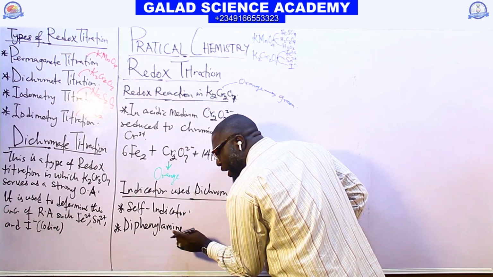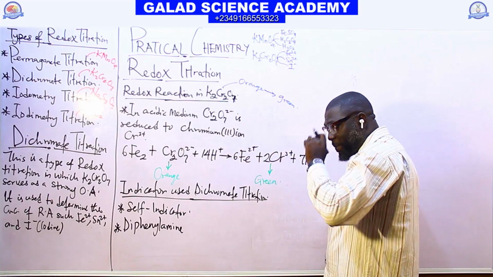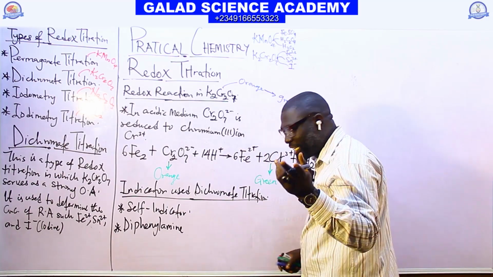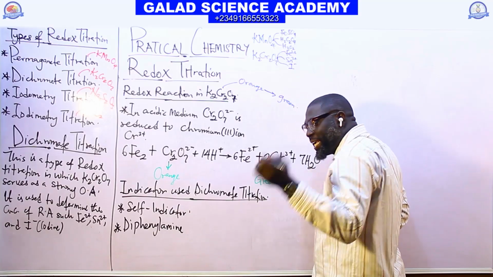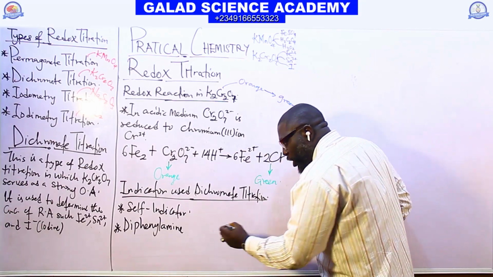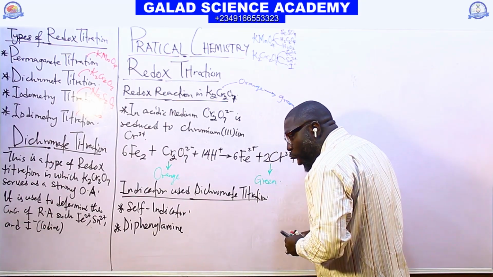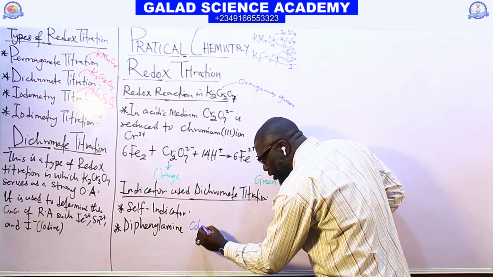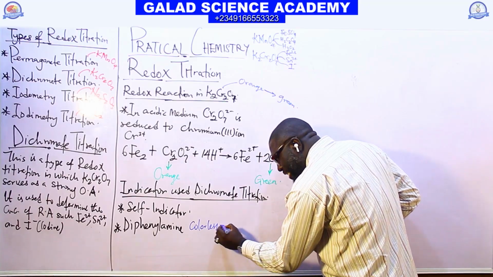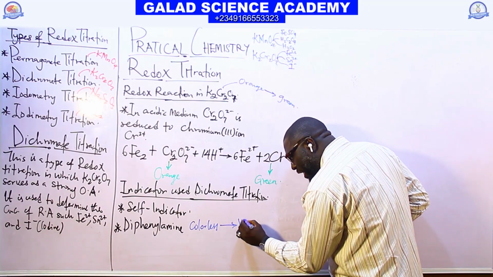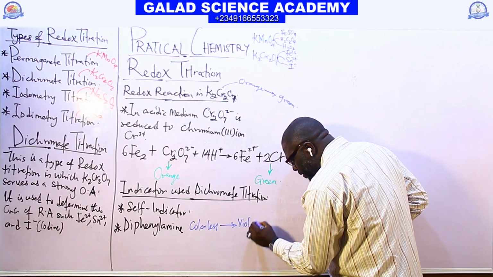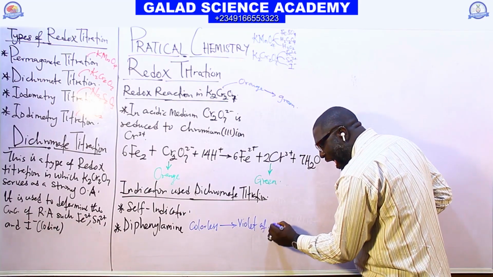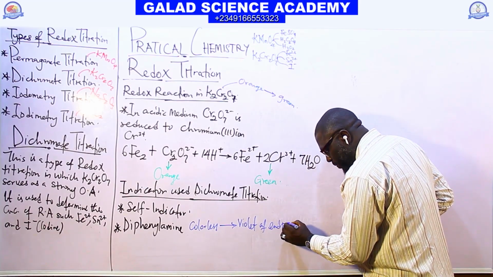Diphenylamine. If we use diphenylamine as an indicator, at the beginning of the titration, it will give us colorless, and change to violet at the end point.